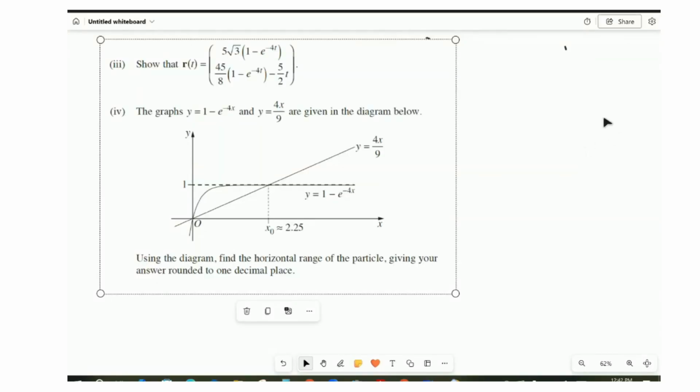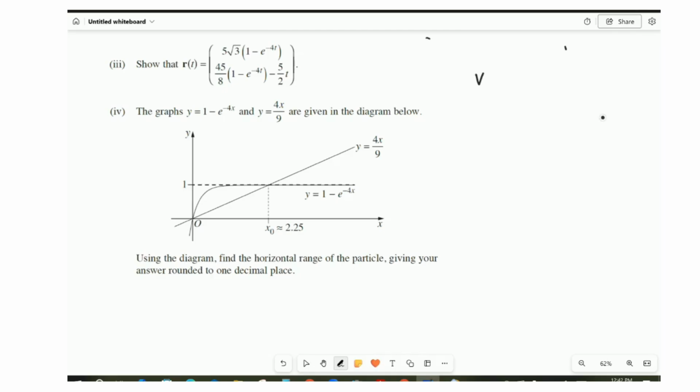Okay, now let's go to question number 13c part 3. We already know that the velocity vector v(t) is equal to 20 square root of 3 e to the power minus 4t, 45 divided by 2 e to the power minus 4t minus 5 over 2.